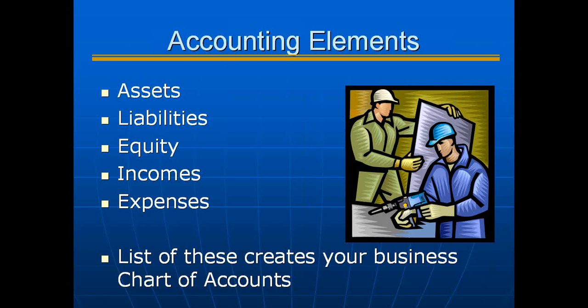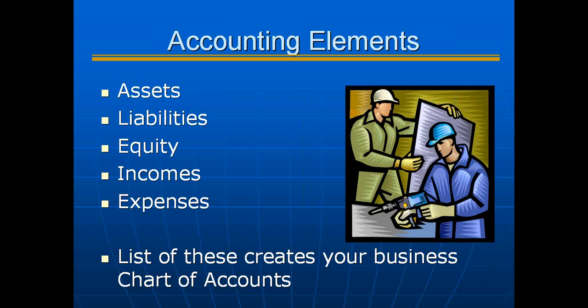You may have investors. You may have stockholders that have put money into the business and thus have some of that equity. And then you have incomes and you have expenses. We all know what those are. And the list of all of these items creates your chart of accounts.